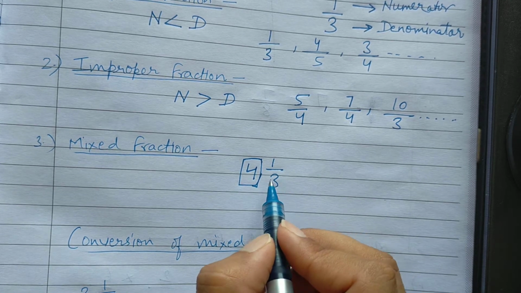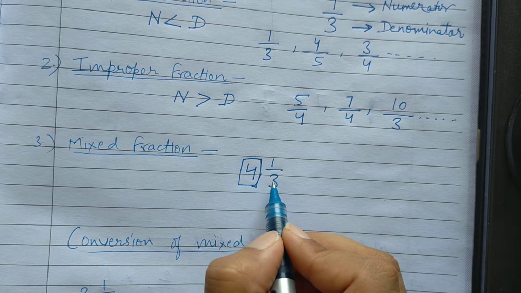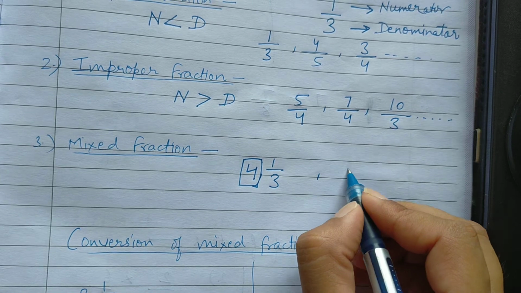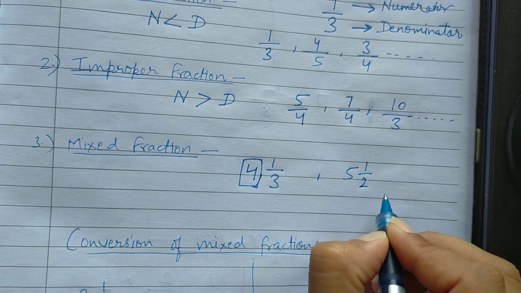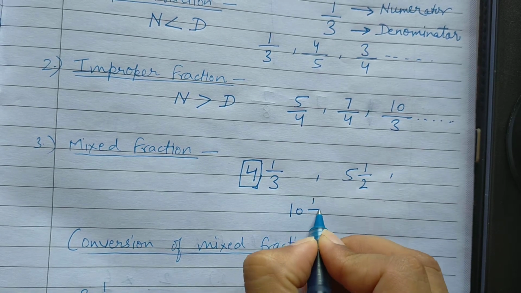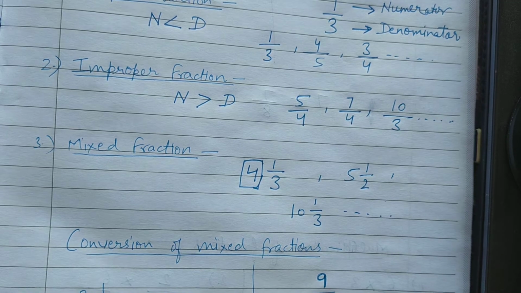So a mixed fraction will have a whole number and a fraction. For example, 5 1 upon 2 is also an example of a mixed fraction. 10 1 upon 3. These are examples of mixed fractions.